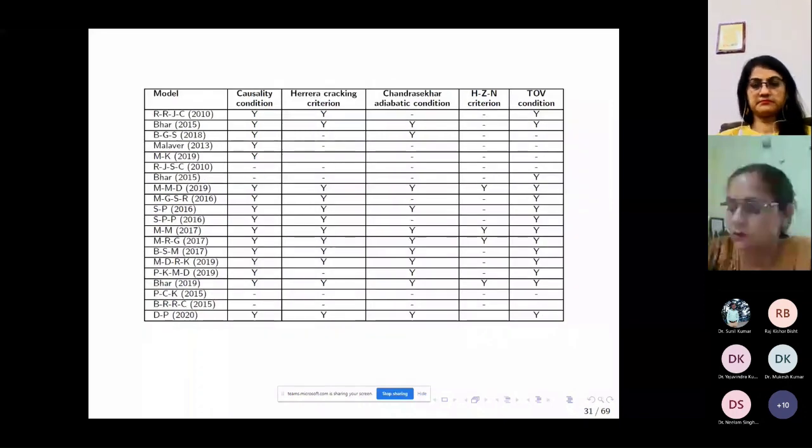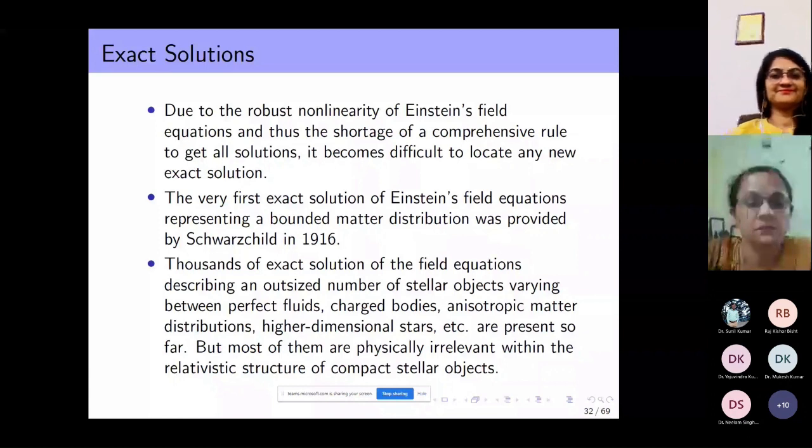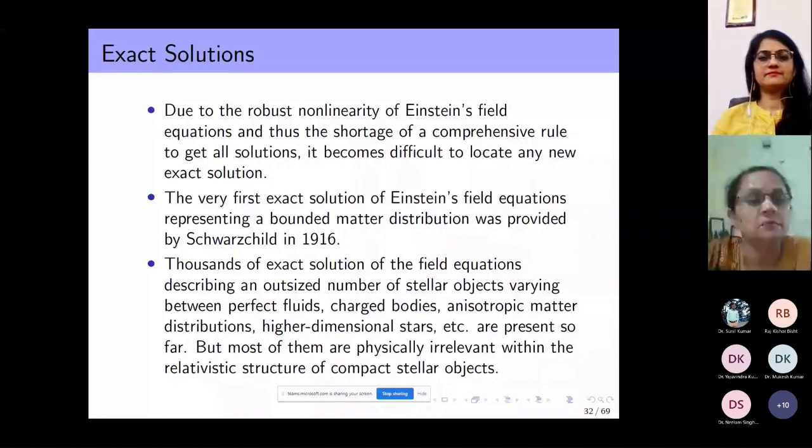Now, after discussing the governing equations, the well-behaved conditions and the stability criteria, our next task is finding the exact solutions of the Einstein field equations. Getting exact solutions is a very difficult task, because the Einstein field equations are highly nonlinear.